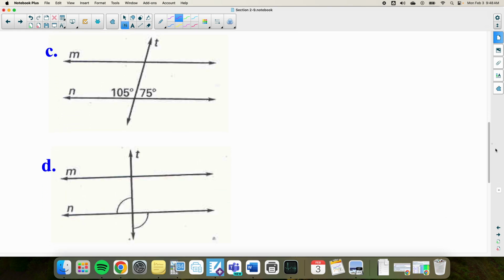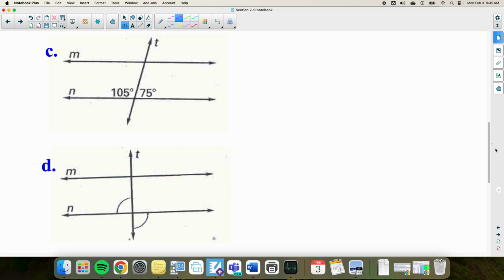Okay, now these two right here, are they any of those four? Alternate interior, alternate exterior, corresponding, or consecutive interior? Consecutive interior would be like these two or these two. So those four types, you always need one from this group of four and one from that group of four.